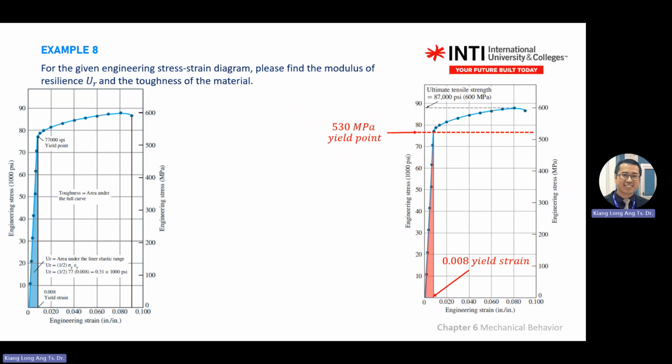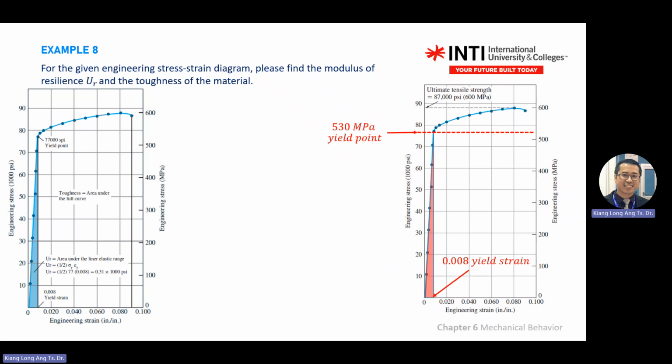So what answer you get? 1.12 times 10 power 6. What's the unit? Okay, so you can put in Pascal if you want.